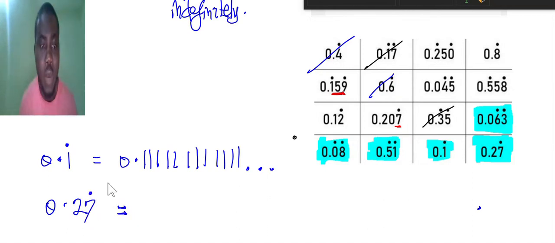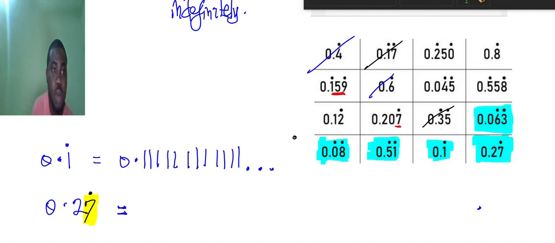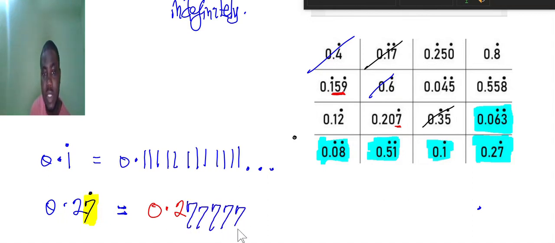Very important that we understand how many recurring digits we have here. We have only one recurring digit. That's very important because it will help us when trying to convert recurring decimals to fractions. So this is actually 0.2, then we start repeating the 7, 7, 7, 7.